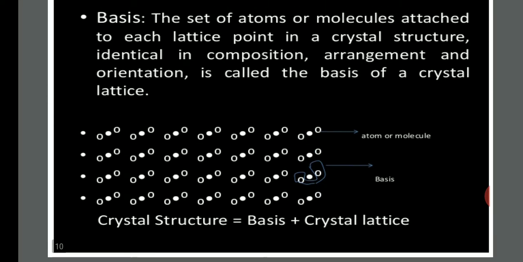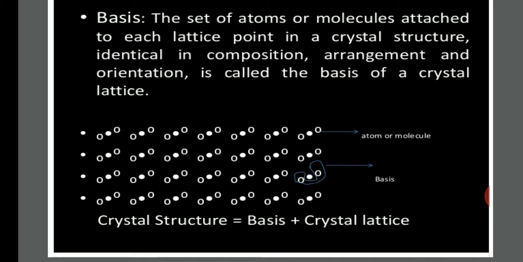Now, what do you mean by basis? The set of atoms or molecules attached to each lattice point in a crystal structure, identical in composition, arrangement and orientation, is called the basis of a crystal lattice.